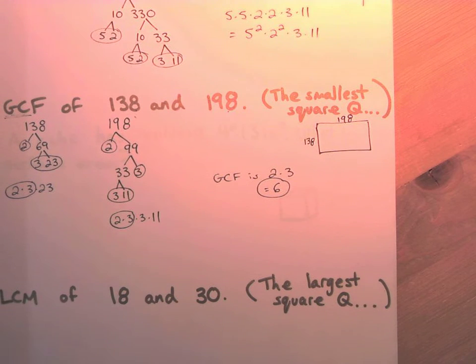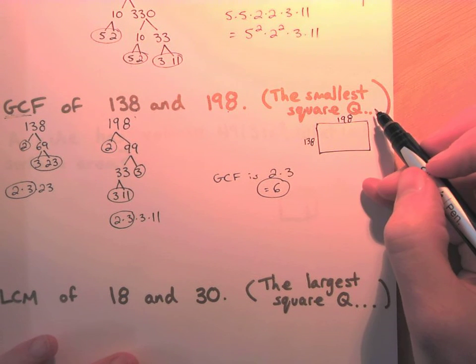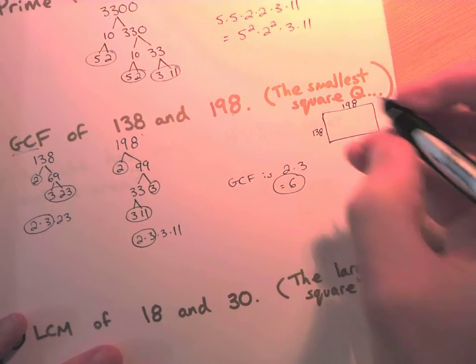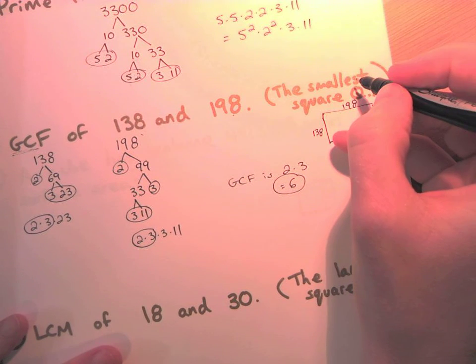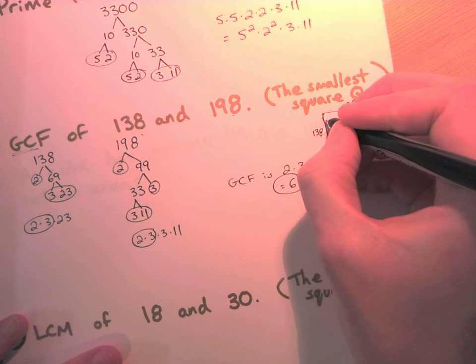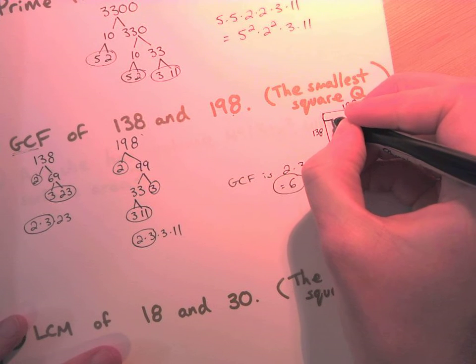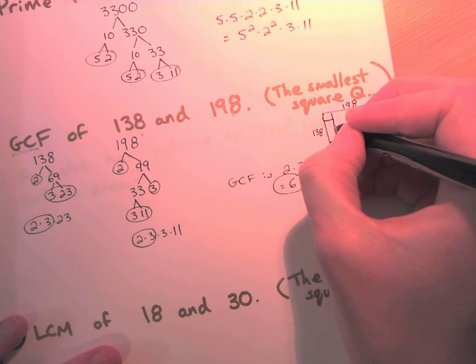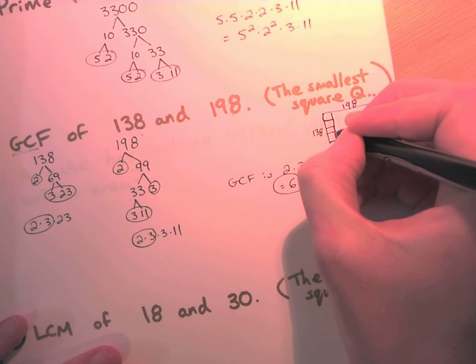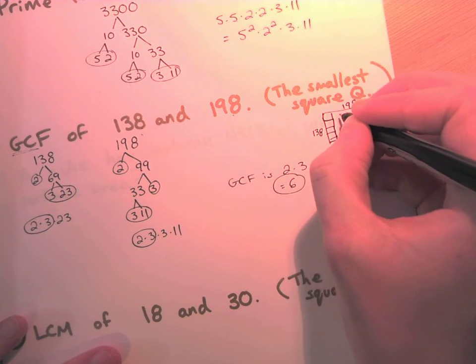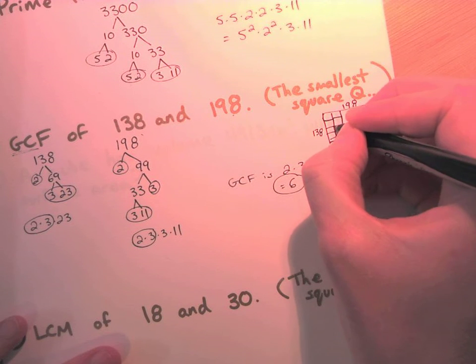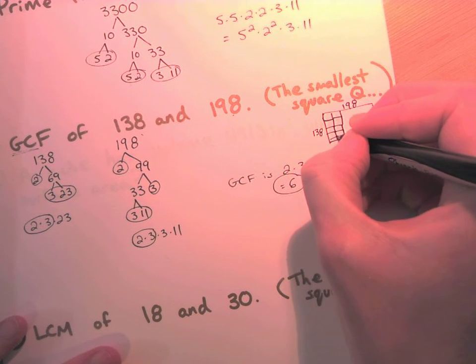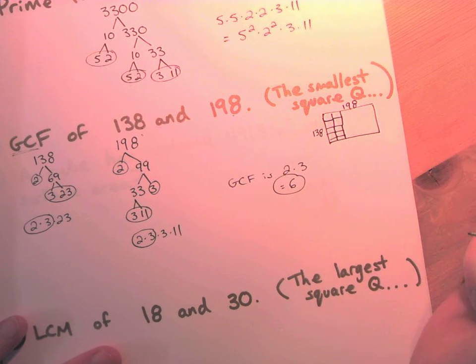What's the smallest square, or not the smallest square, what's the largest square that fits inside to tile this rectangular floor? Okay, that means what's the largest square that we can make so that it tiles this floor?